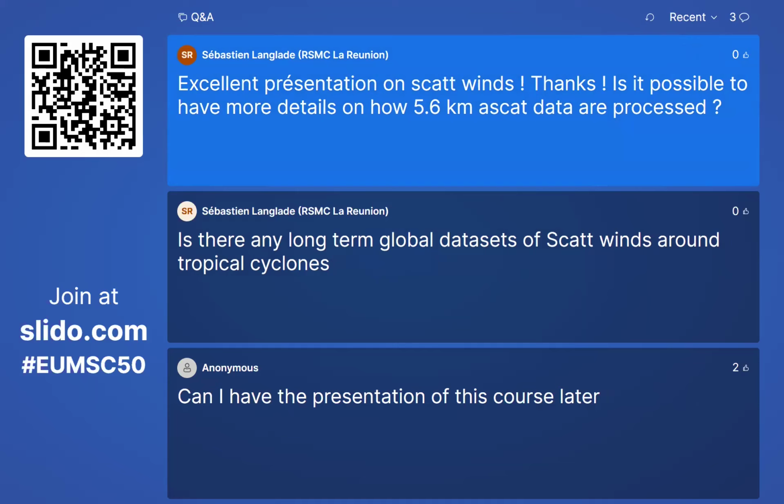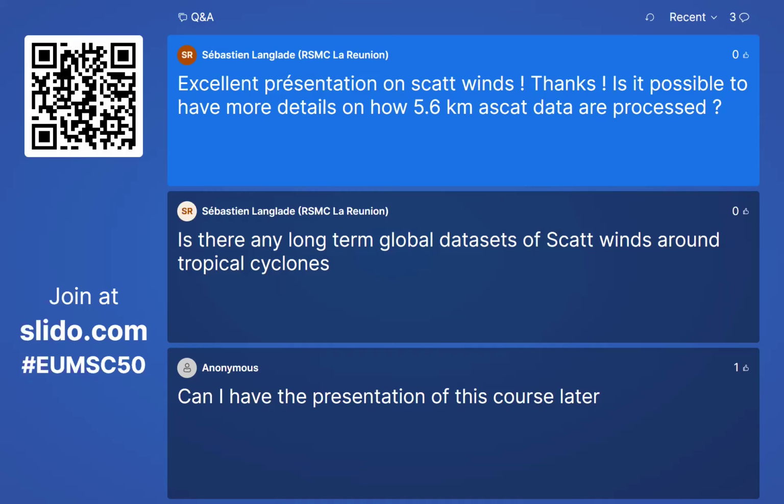Yes. In principle, the way the winds are retrieved at 5.6 kilometers is not different from the other products. The only thing which really makes these products different is that for the most resolutions, we define a regular grid with 12.5 kilometer or 25 kilometer spacing, and then the full resolution observations from the instrument are fitted onto that grid.